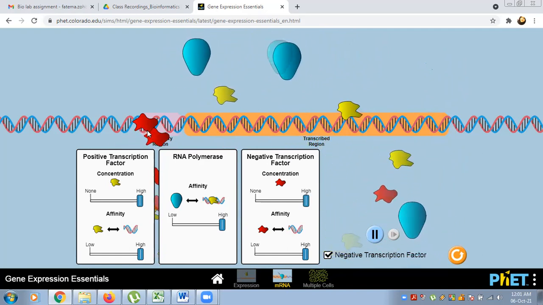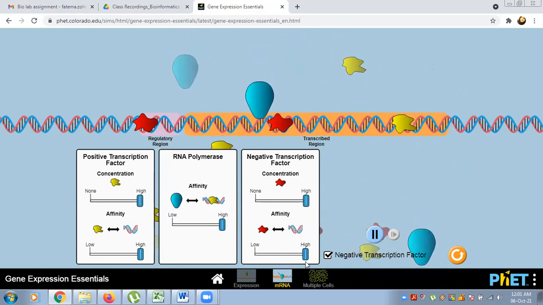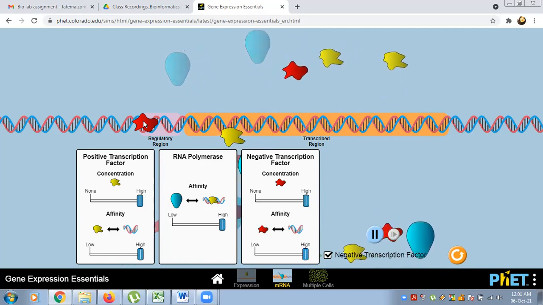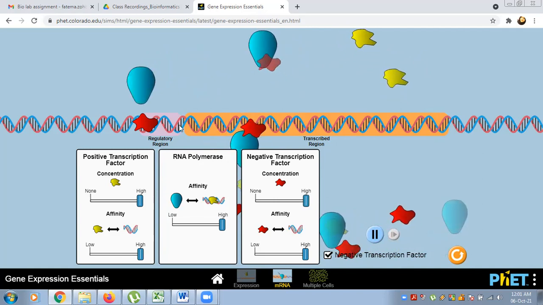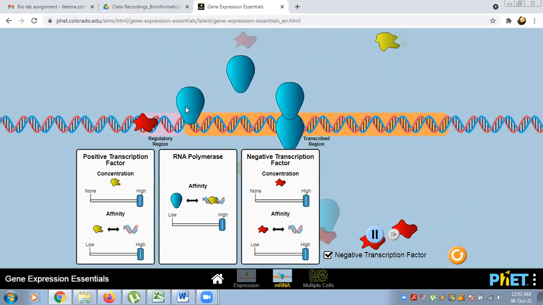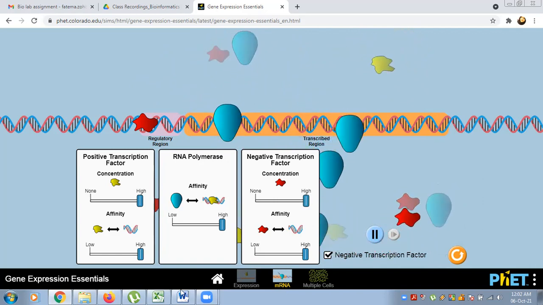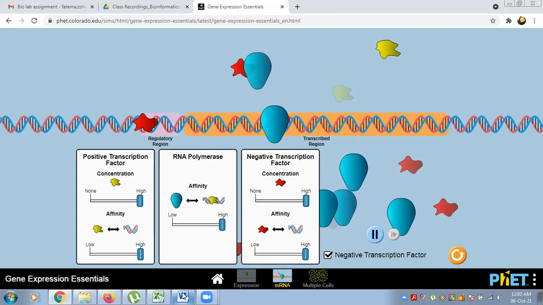That means if there is enough negative transcription factor in high concentration and with high affinity, it will not allow the positive transcription factor, the yellow ones, to bind to the mRNA. And also it is not letting the RNA polymerase bind to the mRNA. So you can have a screenshot and add it to your manual.